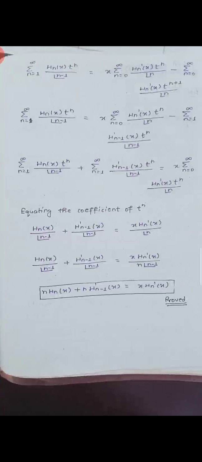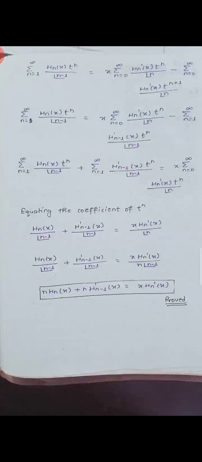Now equating the coefficient of tⁿ, this is Hn(x)/(n-1)! + H(n-1)'(x)/(n-1)! = x Hn'(x)/n!.